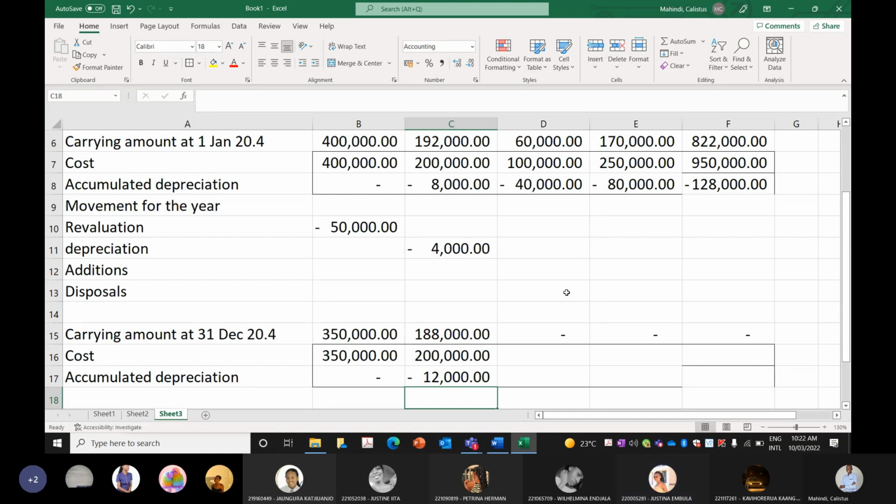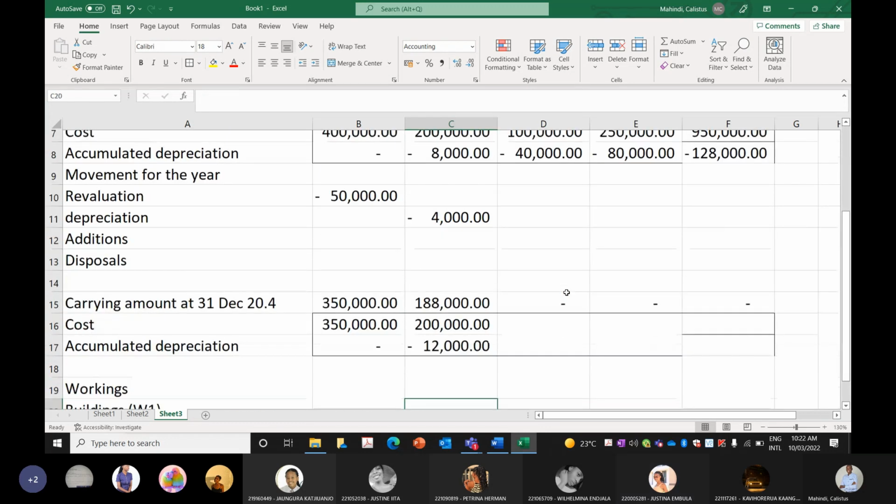So 200,000 minus 12,000 brings us back to 188,000. So you can either take the current amount and adjust it for the movements during the year, or you can just look at the balances: the 200,000 cost price, and the total accumulated depreciation of the 8,000 you started with plus the 4,000 for the current year. All right. Do we have time to do one more?